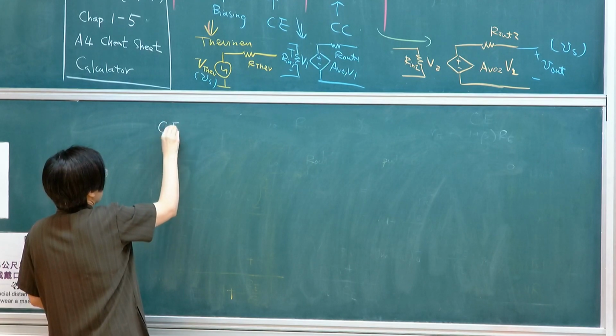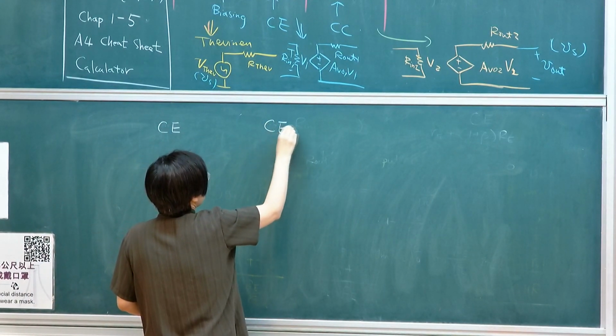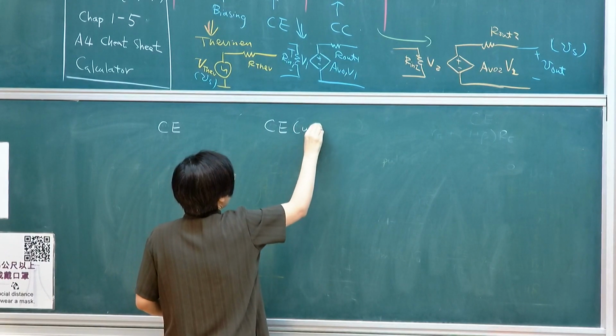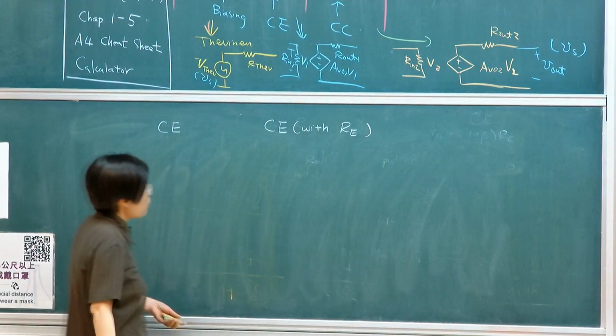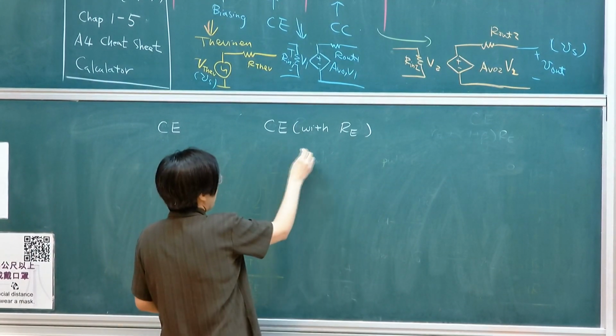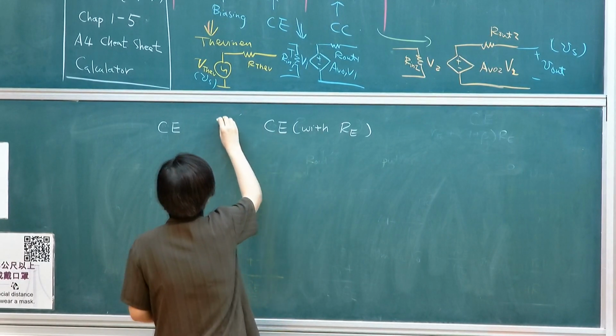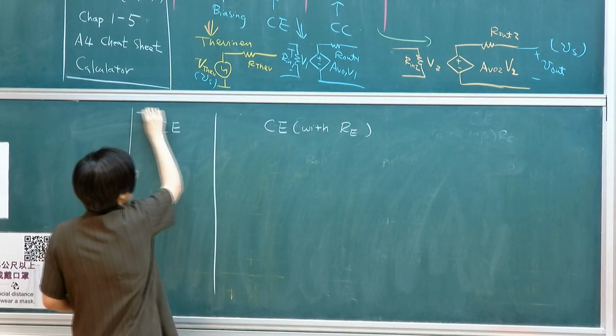So I have common emitter and common emitter with RE. Let me put it into a table.